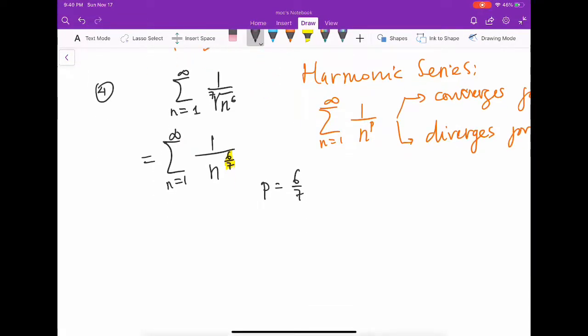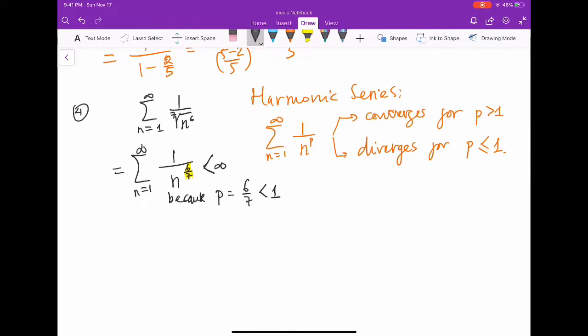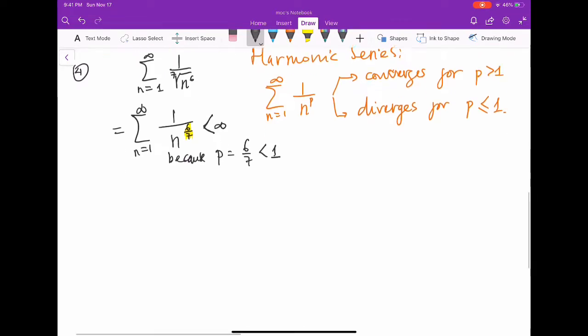Then this series converges because p is 6/7, which is less than 1. So it's very easy. Of course, you have to remember the harmonic series and the values of p for which it converges or diverges. All right, let's move to the next problem.